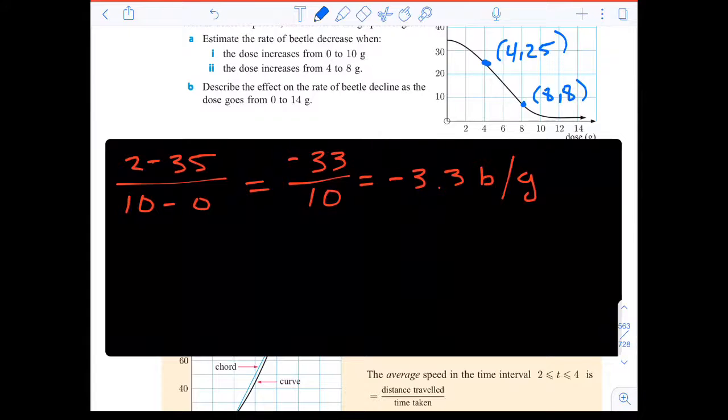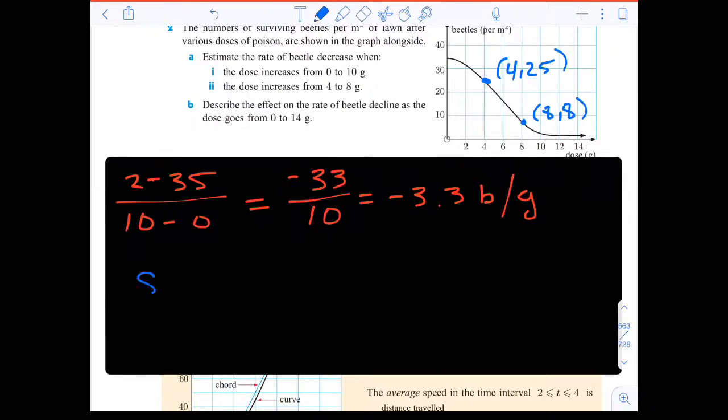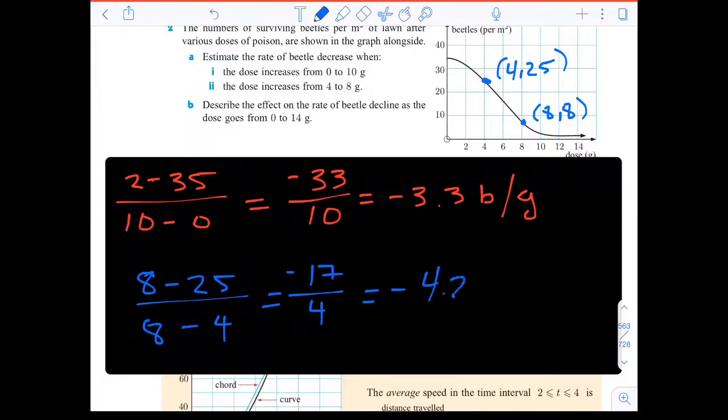Doesn't matter which point we call point 1 and point 2, we subtract our y's. 8 take away 25. On the bottom we have 8 take away 4. And when we do that, we get negative 17 over 4. And when I divide negative 17 over 4, we get negative 4.25 beetles per gram.